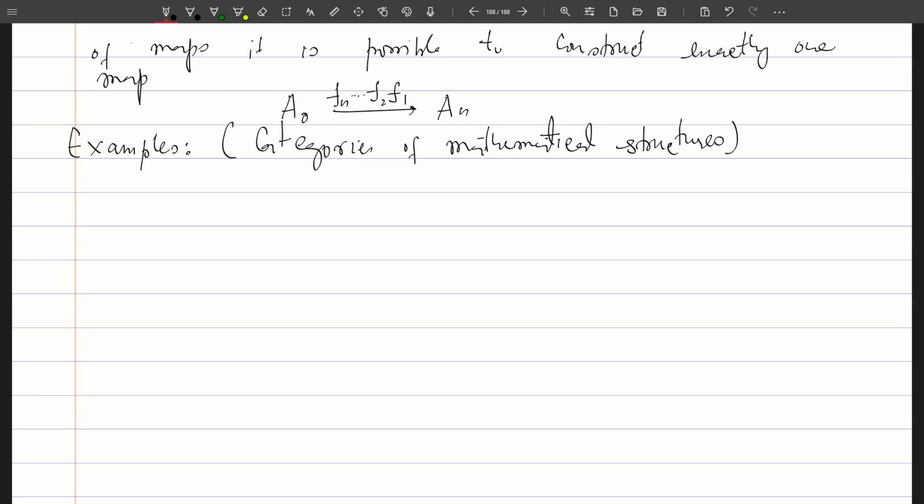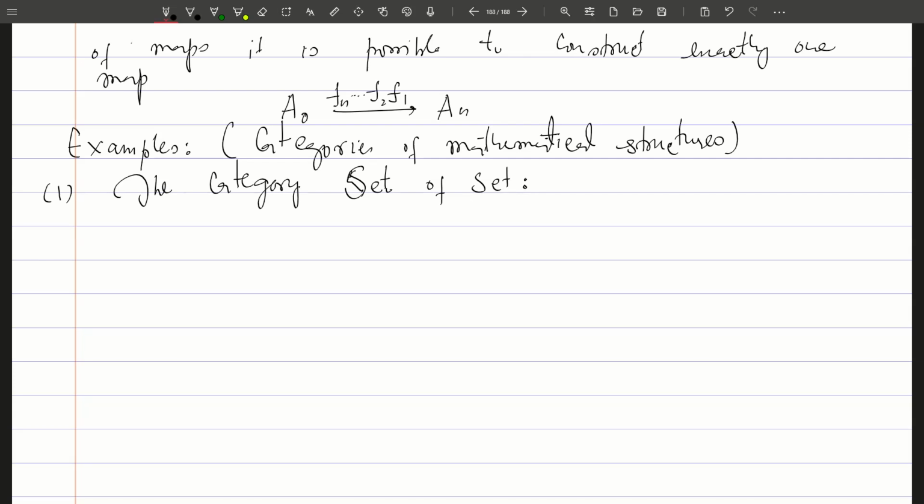So first we have the category Set. We'll write this in bold so that this implies it is a category. So this is the category Set of all sets.